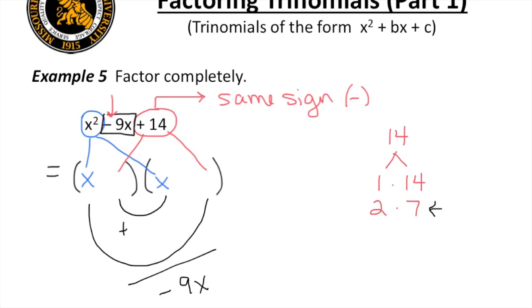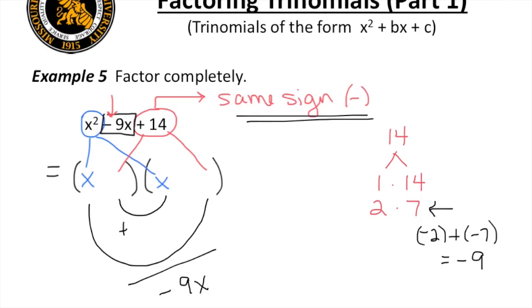So we will choose the factor pair of 2 times 7, since negative 2 plus negative 7 gives us negative 9. Notice that both the 2 and the 7 have a negative, which is what we had decided it should be from the start.